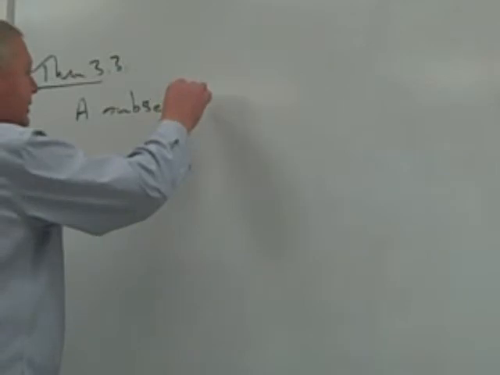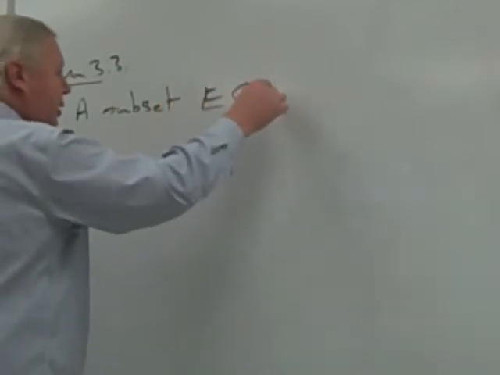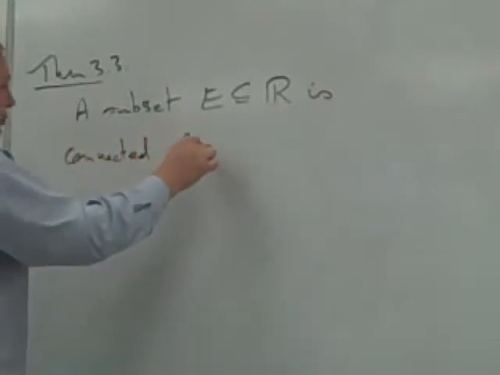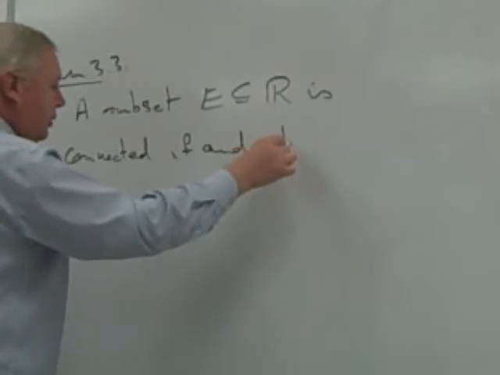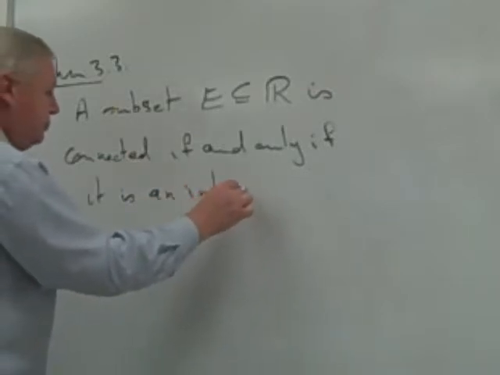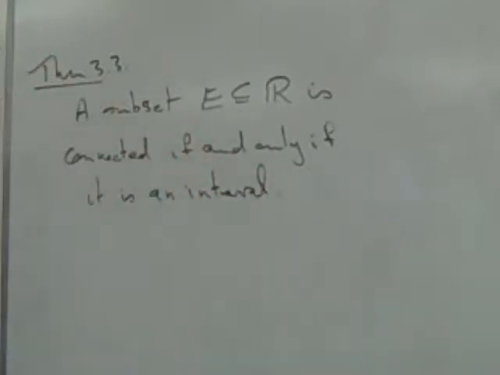So a subset E contained in R is connected if and only if it is an interval. Could be closed, half open, open, whatever. Infinite, semi-infinite.